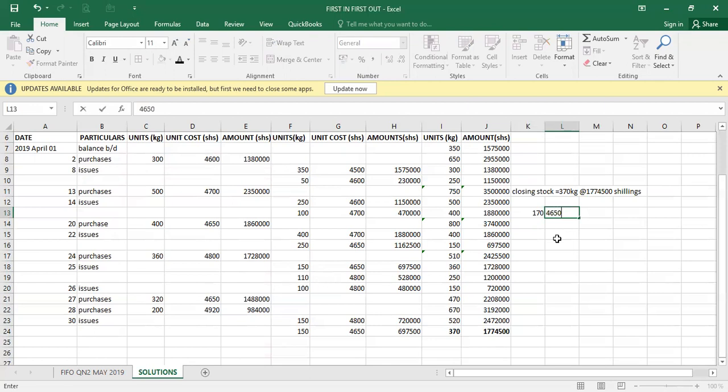They are valued at 4,650. So if you want to get the total amount, it will be cost, this times this, then we get that. That will be the cost of the items that are remaining here, plus our 200 units which we bought at 4,950. Those were 200, because for them we did not issue any. They were bought at 4,920.